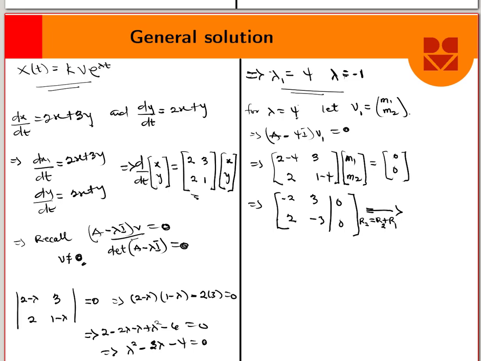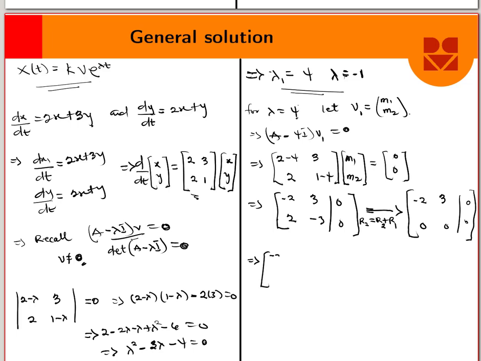This becomes -2, 3, then 2 plus -2 becomes 0, and -3 plus 3 becomes 0. We have 0, 0 here. Now, rewriting this in equation form, we have -2 m1 and so on. So let's do it like this. So this becomes what?